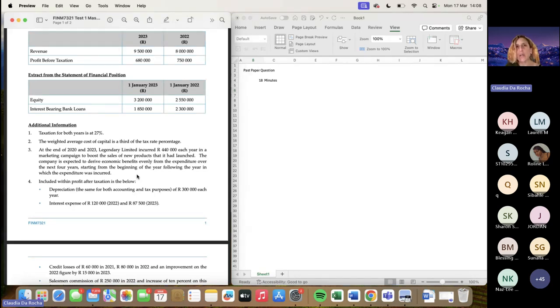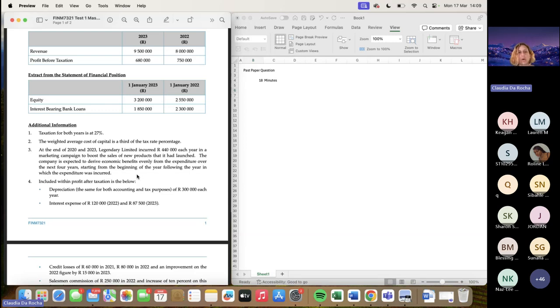So in this case, the marketing campaign, although for accounting purposes would be an expense, for financial management, the company has identified that it will derive economic benefits, okay, which means in essence that we need to capitalize it and then show that it's being depreciated or amortized over its life. Okay, so this is something that's contradictory to accounting principles.